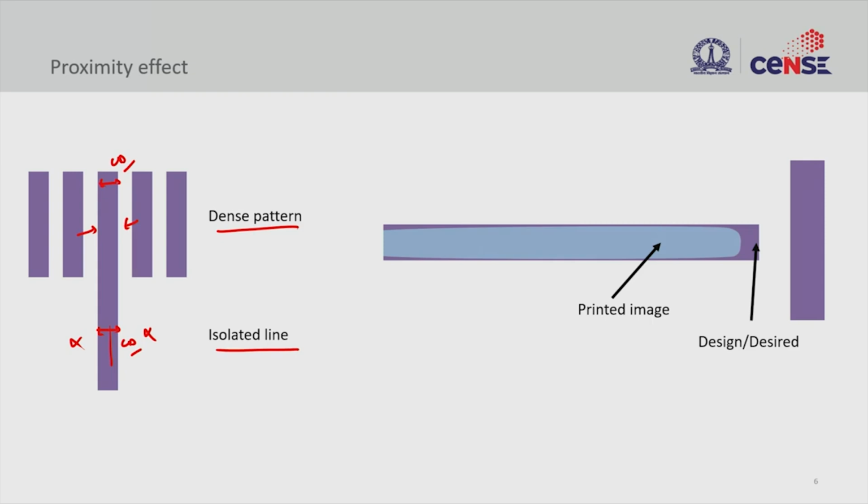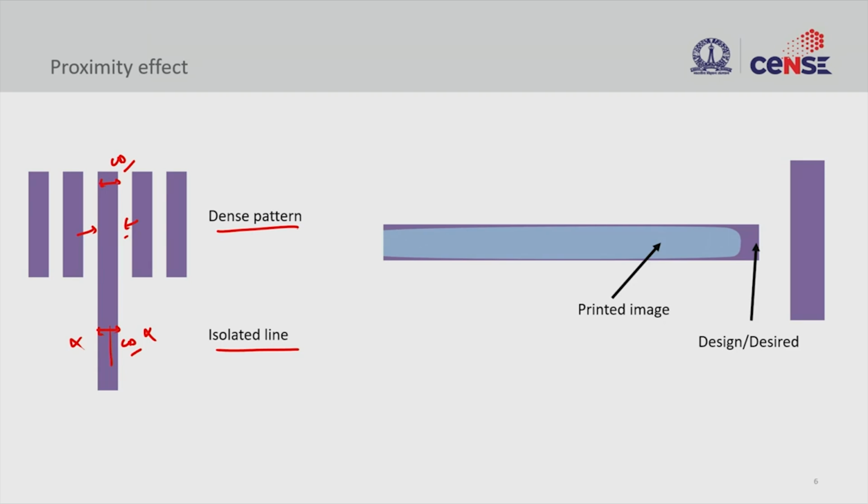On the top we have a dense feature, so you have other features coming close to the line of interest, but at the bottom you can see it's free, so there are no structures coming close to it. When we print this, we will find that the dimension of the central line is not uniform. So it's going to have a CD variation. The critical dimension or the line width is going to be different.